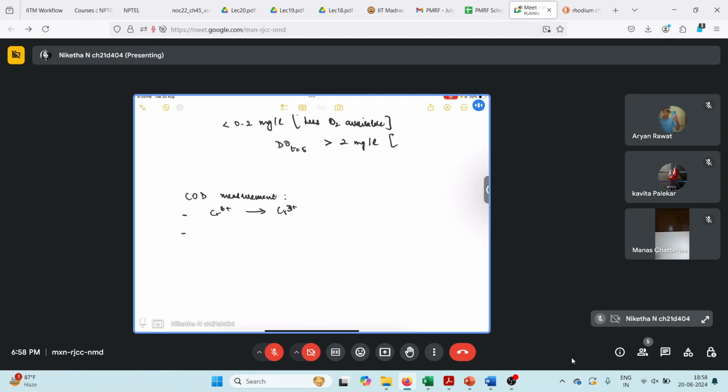So the remaining Cr6 plus is titrated with ferrous ammonium sulfate with ferroin indicator. And COD is given as 8000 into B minus S into N by the sample volume.